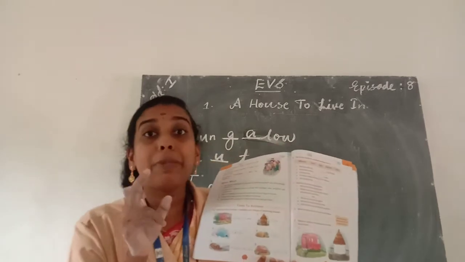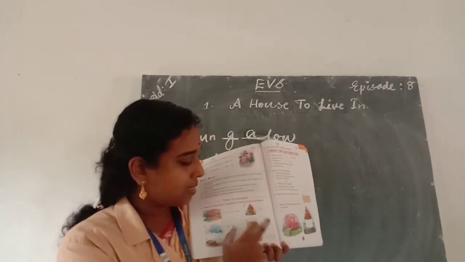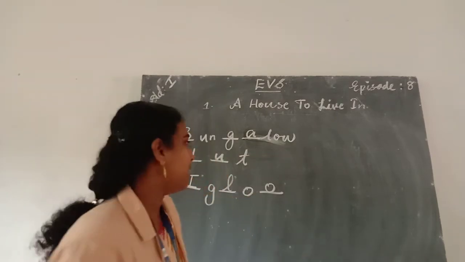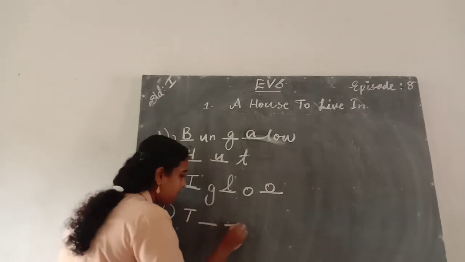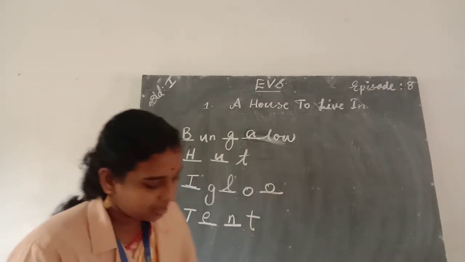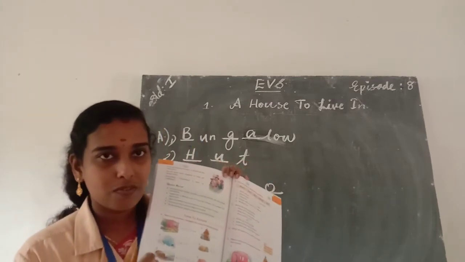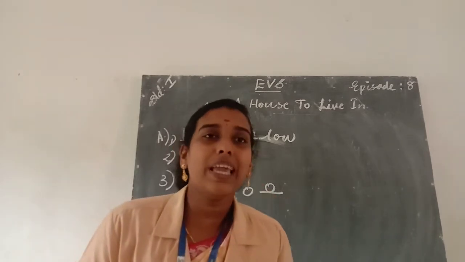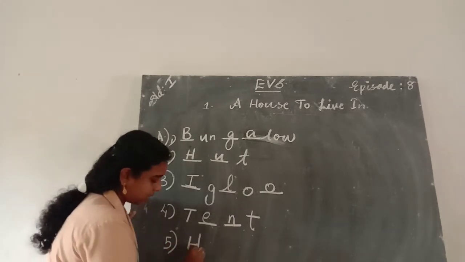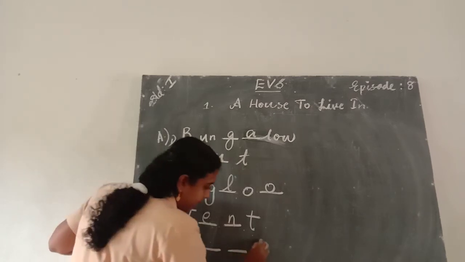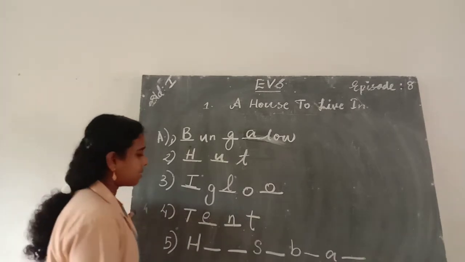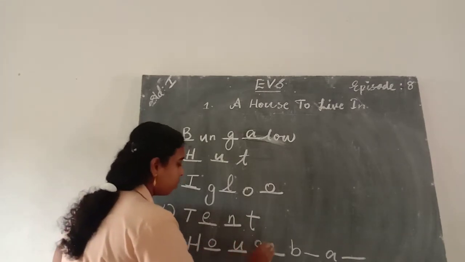What is this? It's a houseboat. Okay, so the missing letters are house, H-O-U-S-E.